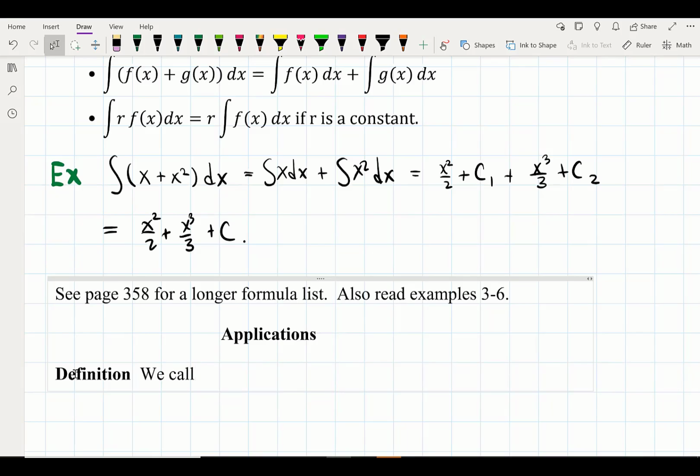If you have some function and you evaluate it at one point and subtract the value at some other, that's called the change in f over that interval a, b. Or sometimes we might call it the net change. Or sometimes we might even call it just delta f.